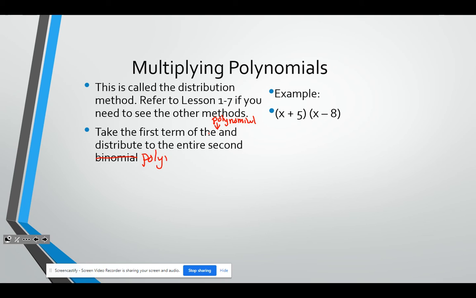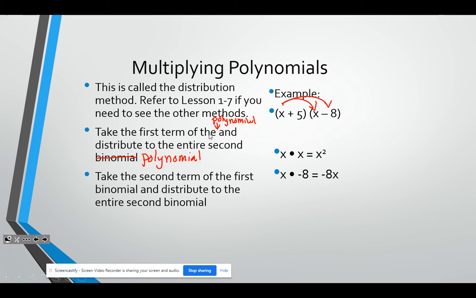Remember, these could be bigger than binomials. Now, I happen to have two binomials here, and what I do is take the x and distribute it to the other x and the -8 to get x squared and -8x. Then you're going to take the second term, in this case of a binomial, but you could say again, polynomial, and distribute it to the entire second polynomial.